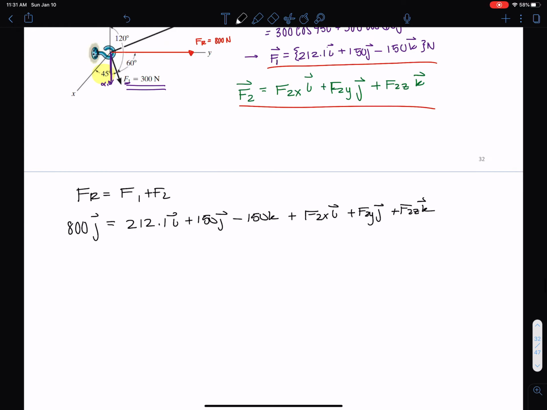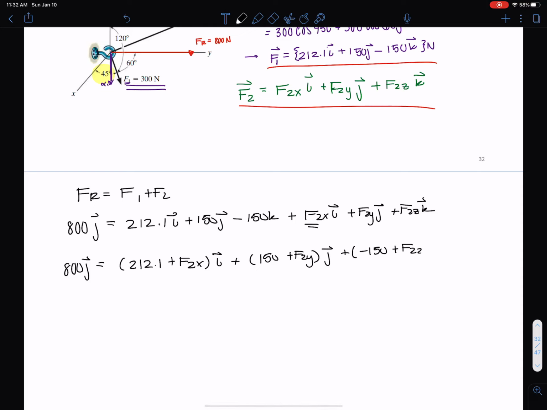Now I'm going to put all the like terms together: the 212.1 i plus F2x i, plus 150 j plus F2y j, plus minus 150 plus F2z in the k.